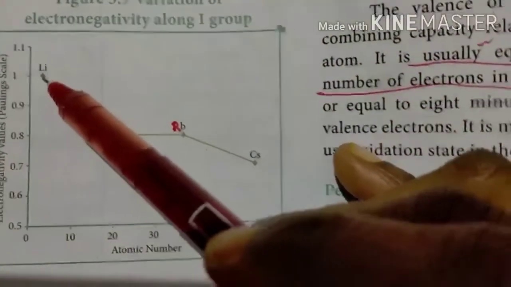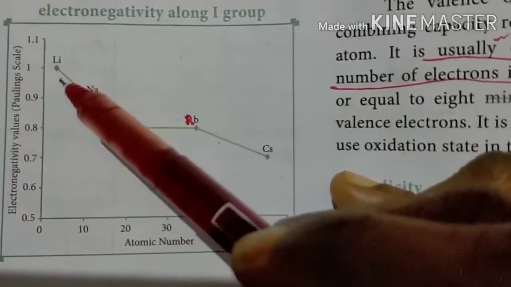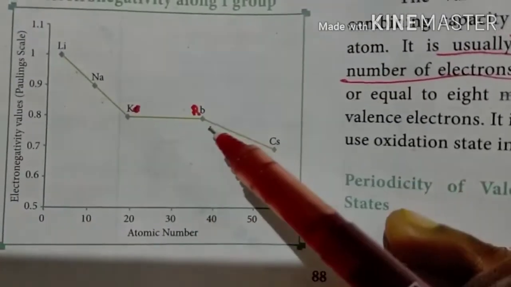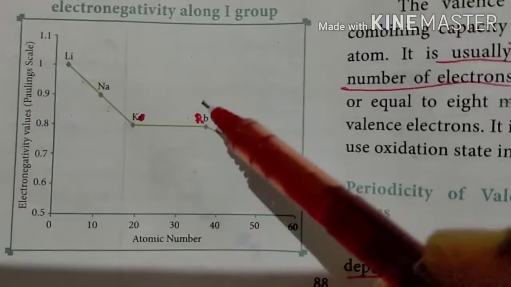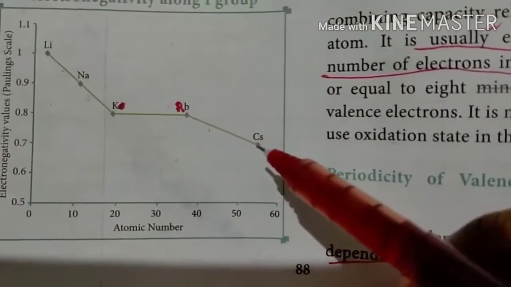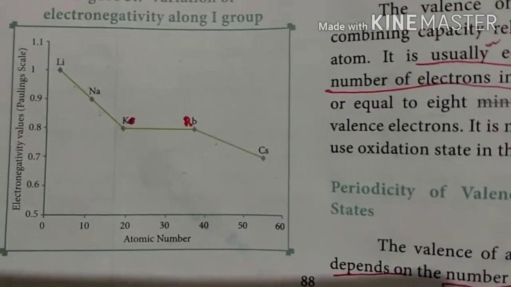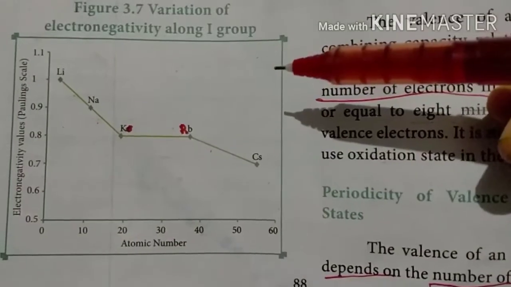Here you can see lithium has the highest value. Now it is decreased for sodium and potassium. Potassium and rubidium have nearly the same value of electronegativity. Cesium has a lower value than these four elements. So this is the variation of electronegativity along the first group.